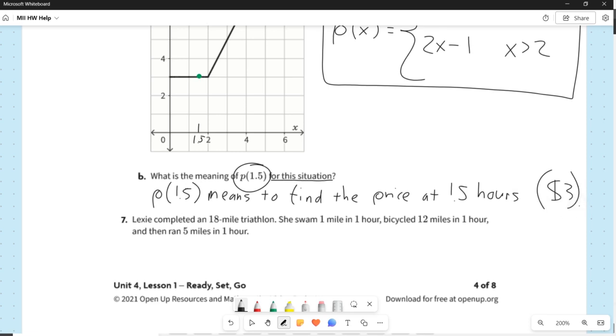So if you were to evaluate P of 1.5, you'd get 3. And ultimately, what that means, again, is we're just saying, well, what is the price at this input of 1.5 hours?